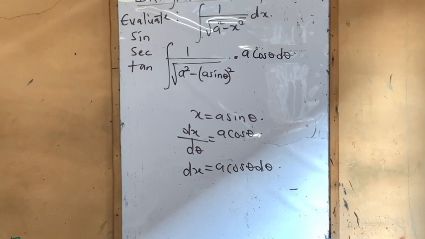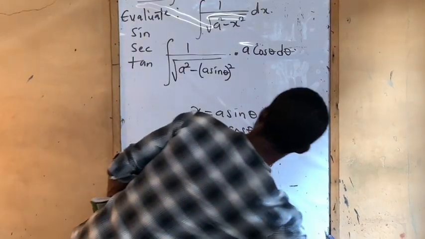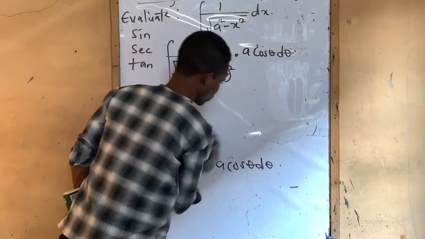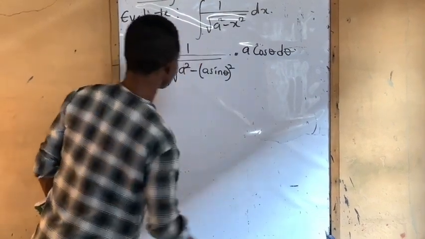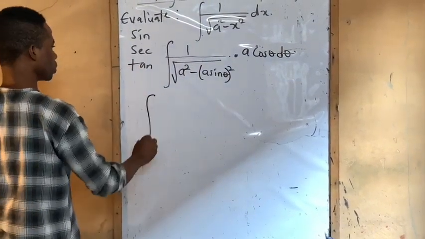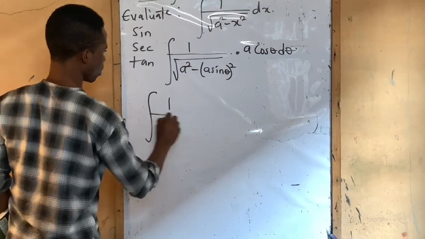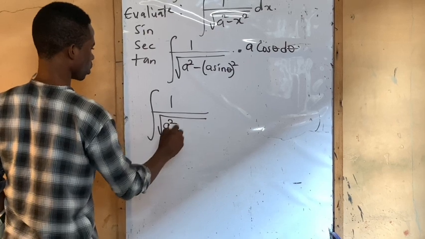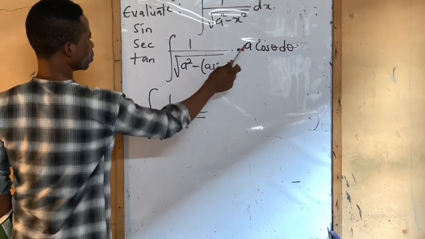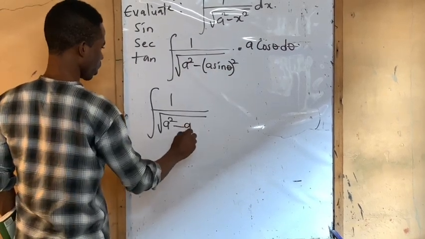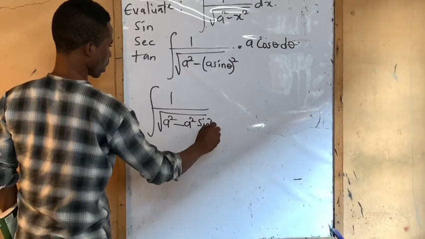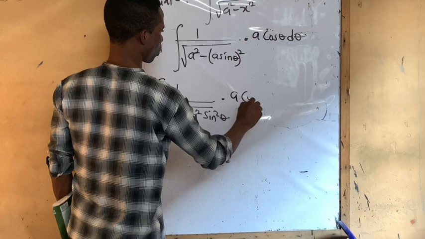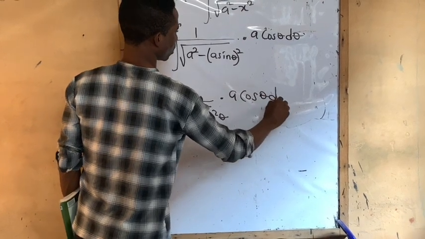After I have substituted those values, that means integral of 1 all over the square root of a squared minus a squared sine squared theta, multiplied by a cos theta d theta.